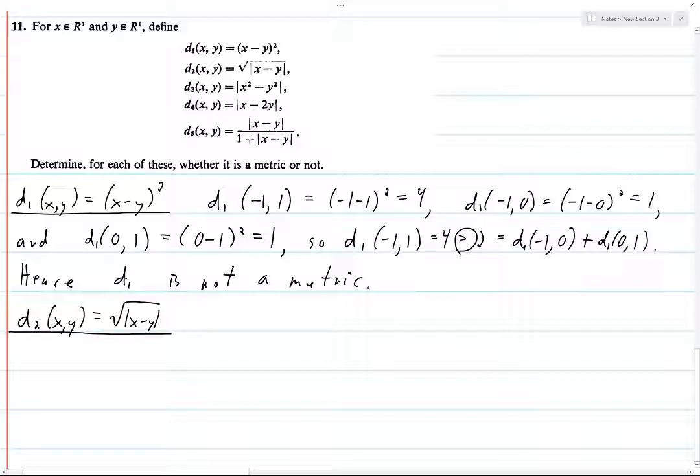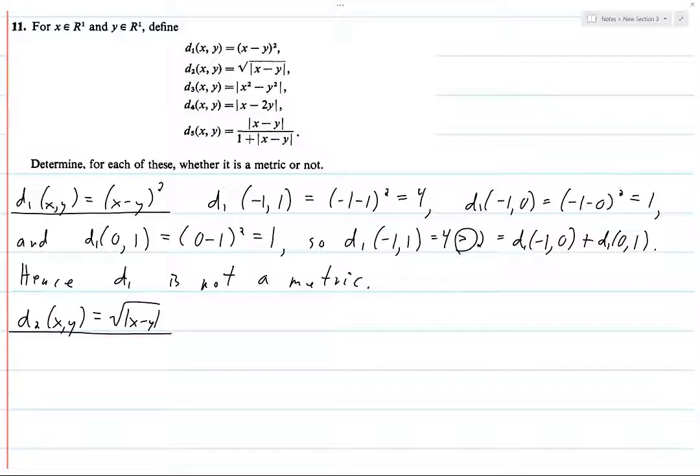Let's see here. So obviously it's always going to be positive, because absolute values are always positive and square roots are always positive. So the square root of the norm of x minus y is always going to be positive. If x equals y, then obviously it's 0.